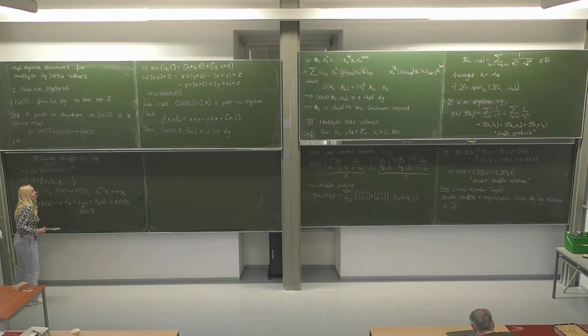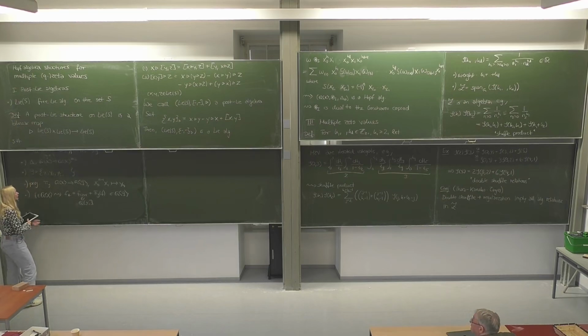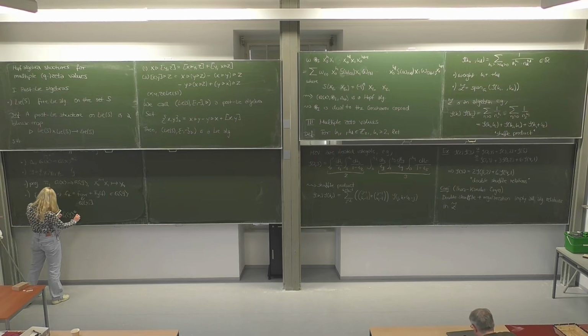And the last ingredient I need for this Lie algebra is also a coproduct on y. So this coproduct was dual to shuffle. What I want here is a coproduct dual to the shuffle product. You can also make it precise because it's not too hard.